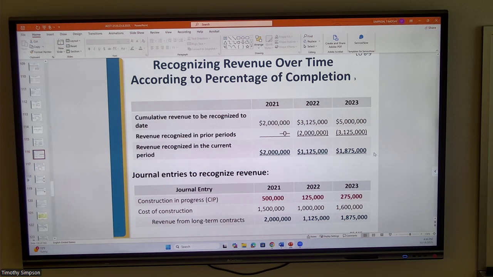Okay, and then to recognize revenue, again, we're looking at construction in progress, which is very similar to work in process in the manufacturing context where we're making goods. These goods are not yet done, they're not ready to be delivered, but nonetheless they do represent assets. And this is a feature of managerial accounting, the idea that we capitalize a lot of costs.